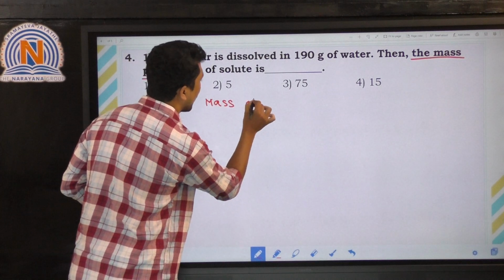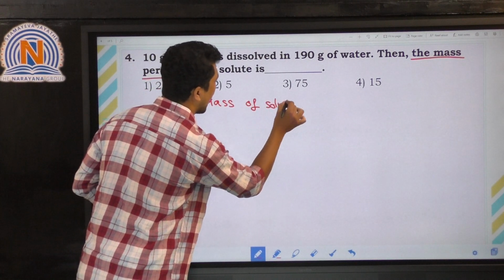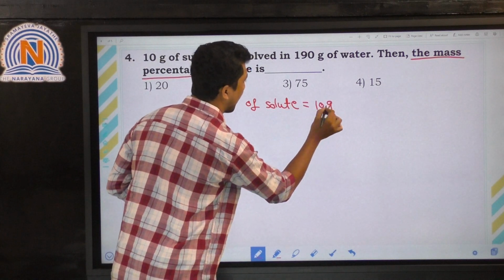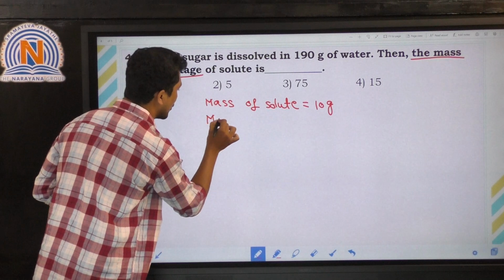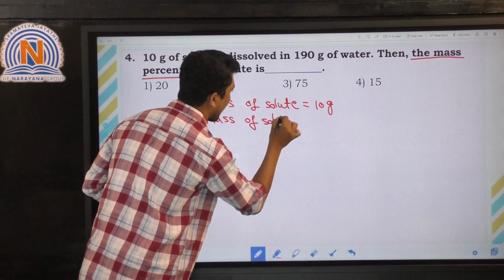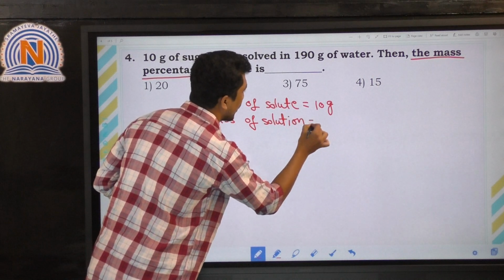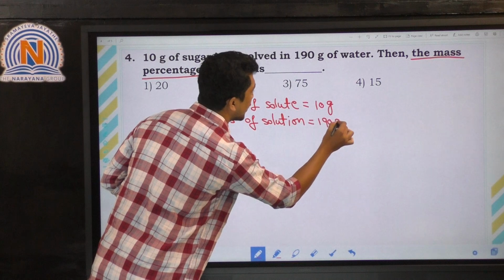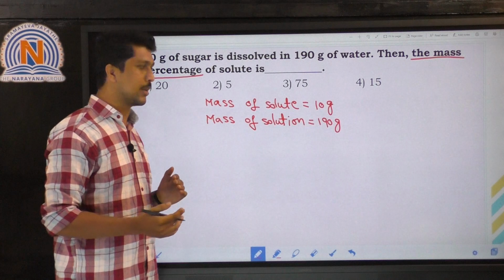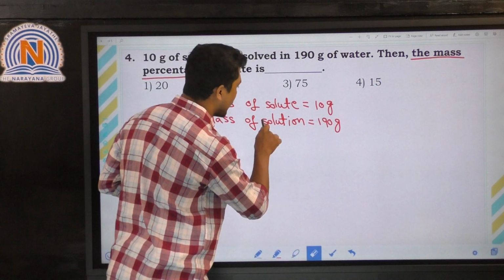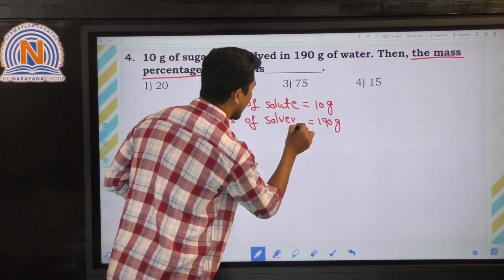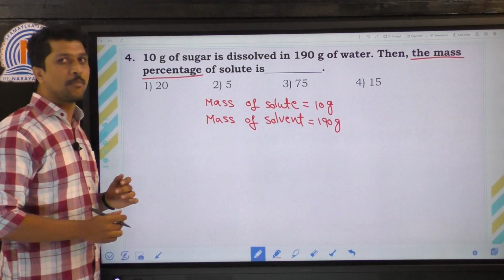Mass of solute equal to 10 grams and mass of solvent equal to 190 grams. Here this one is mass of the solvent, not solution. We need to find the mass of the solution.